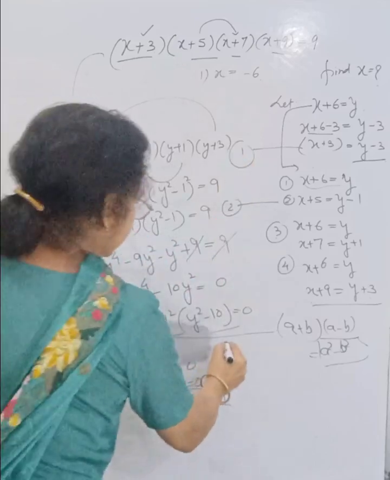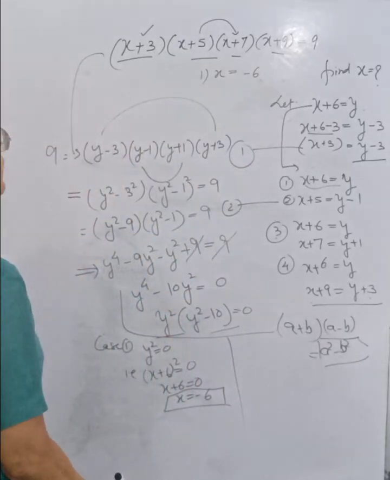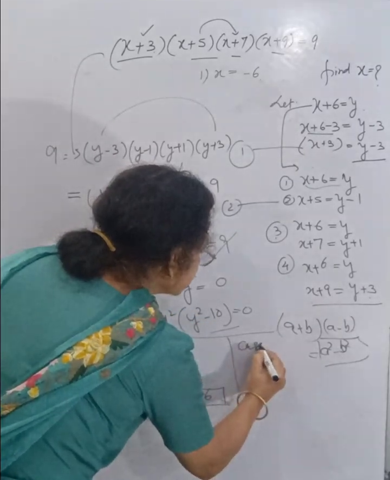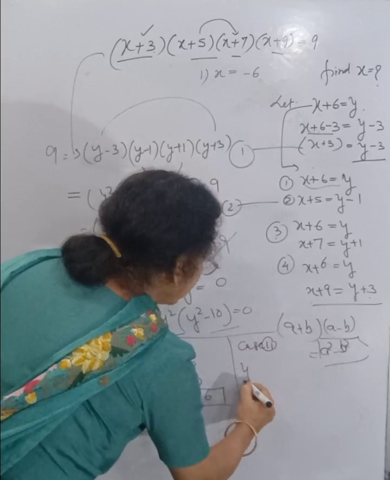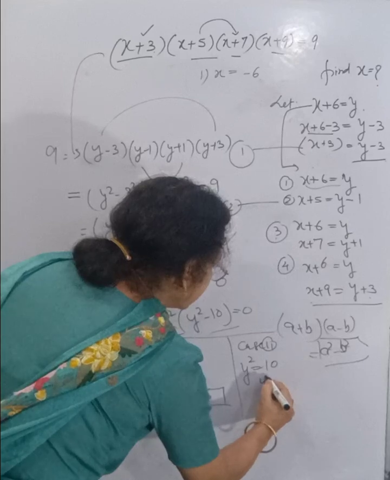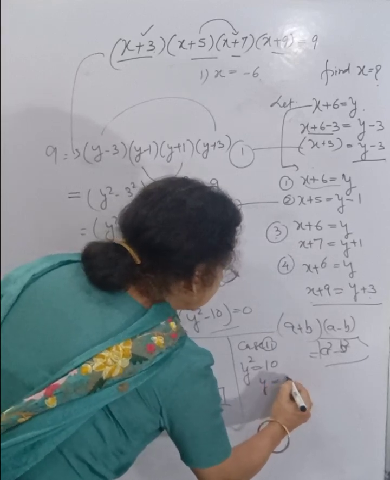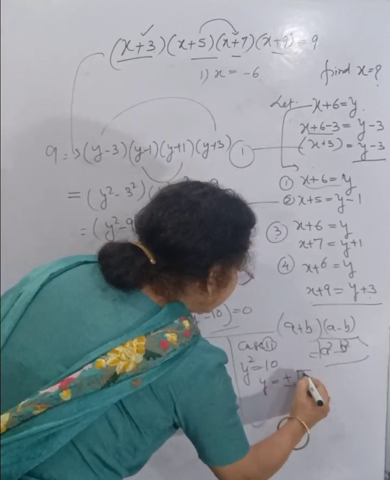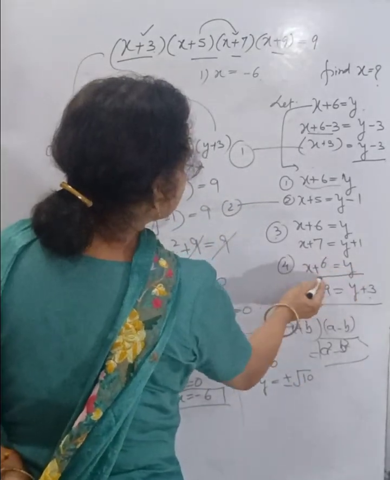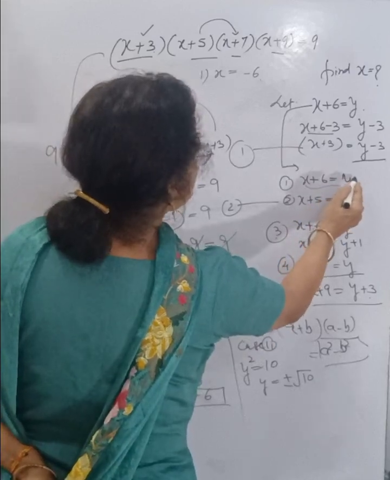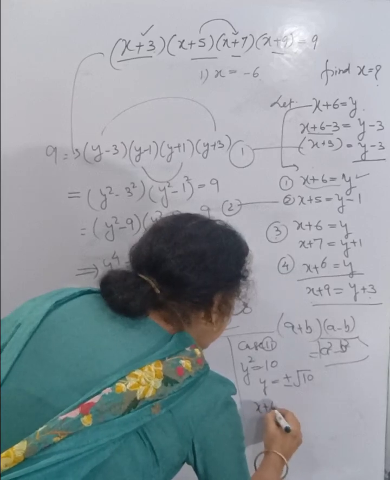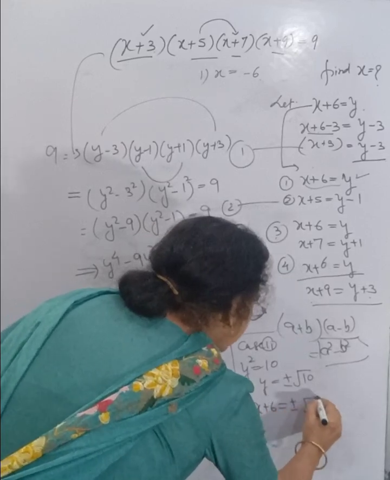Now case second, y square is equal to 10. It means y will be equal to plus minus root of 10. But y is equal to what? y is equal to x plus 6. We have assumed y is equal to x plus 6. So x plus 6 is equal to plus minus root of 10.